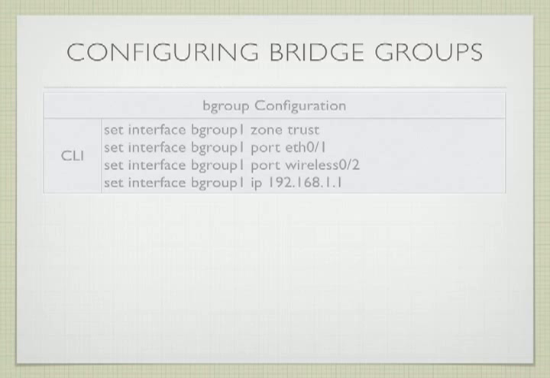So you'll notice the zone and the IP commands are the same as any other interface. Instead of set interface Ethernet 0/0, we're doing set interface B group 1, B group 2, B group 0.